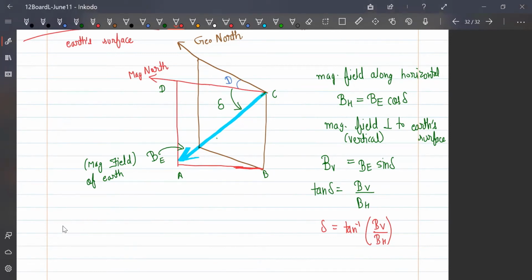So magnetic field along geographic north will be magnetic field along magnetic north into cos of D, cos of angle of declination. So magnetic field along magnetic north will be BH. So this is BE cos delta. So BE cos delta into cos D. That is the magnetic field along geographic north.